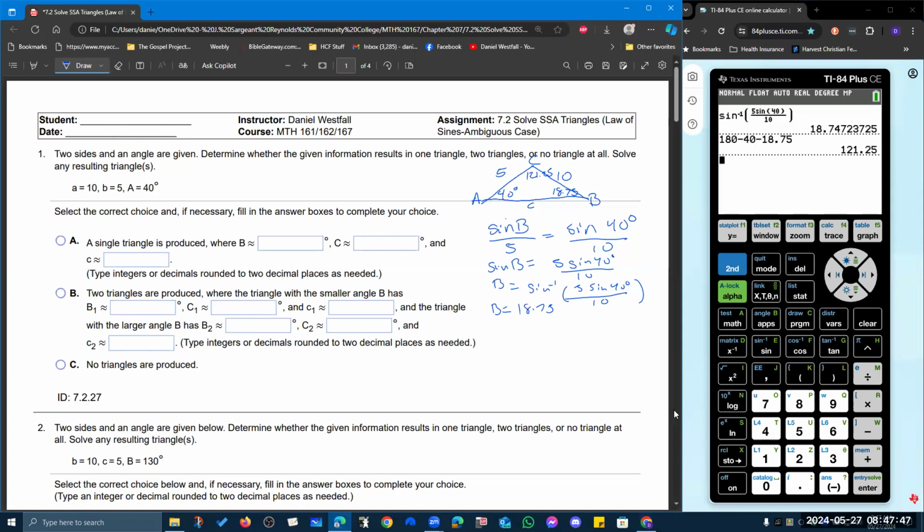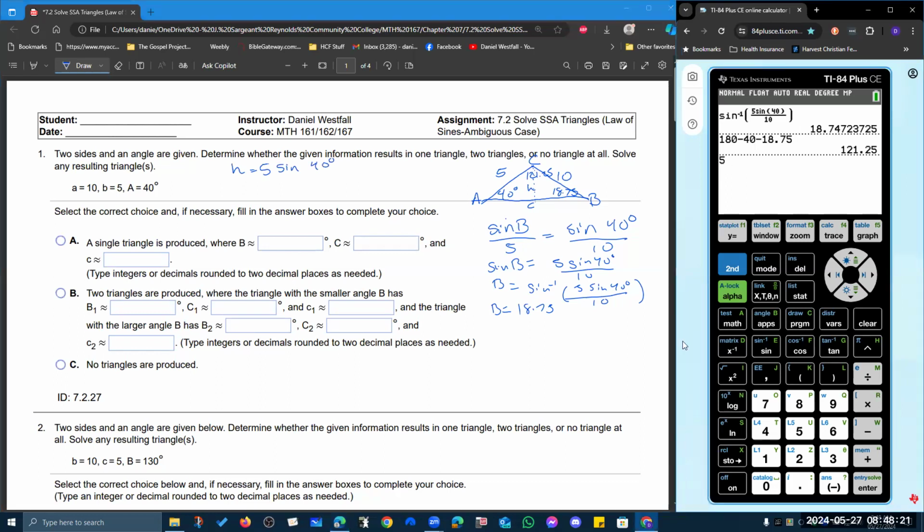There's a couple of different ways to figure this out. There's a way in which we find the height of the triangle, which I'm going to do right now. That's just one of the ways that I like to draw it, with a picture. So I'm going to drop the height right here, and the height is going to be equal to this hypotenuse times the sine of that angle right there. That's why you want it set up this way.